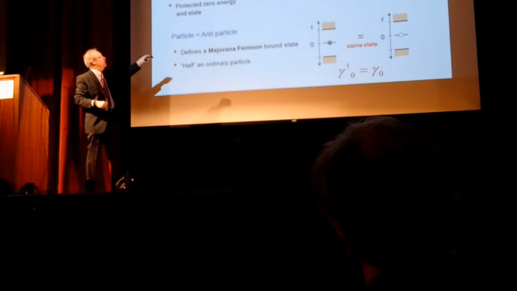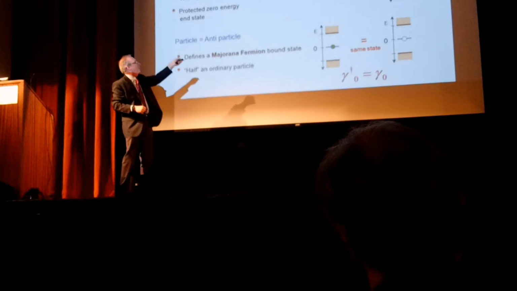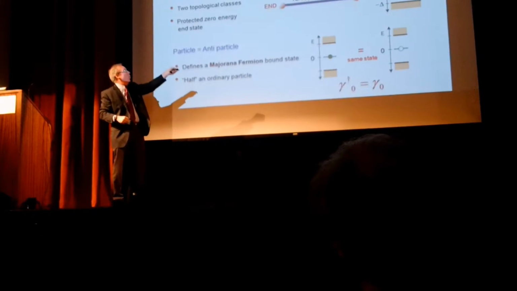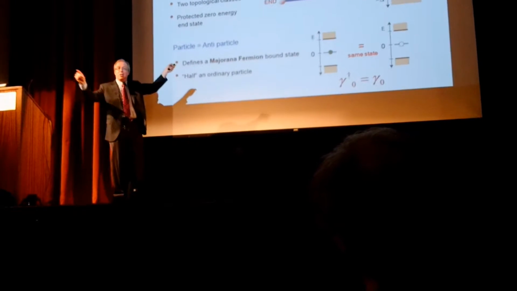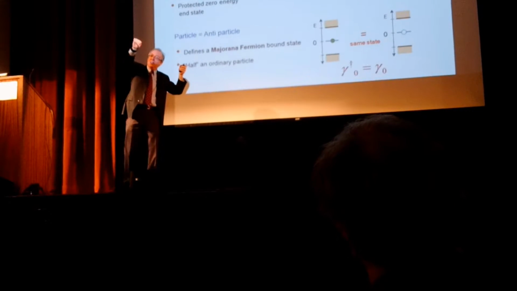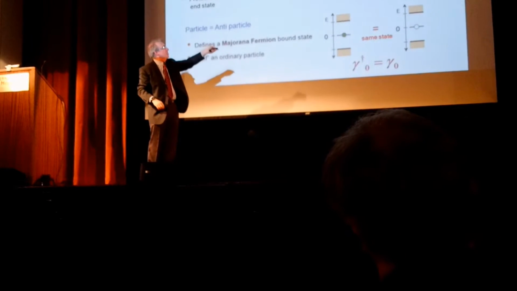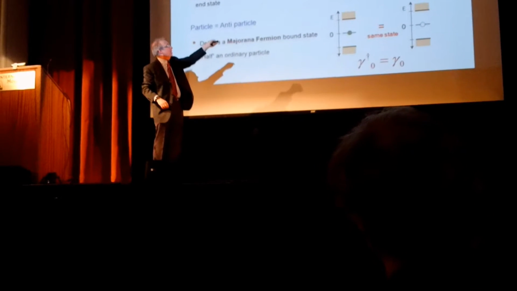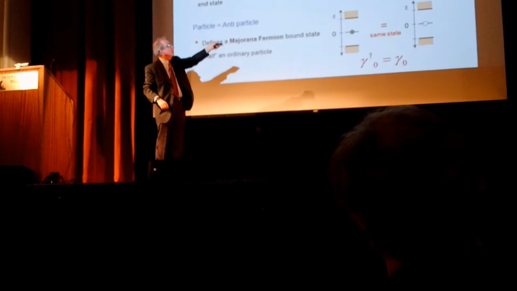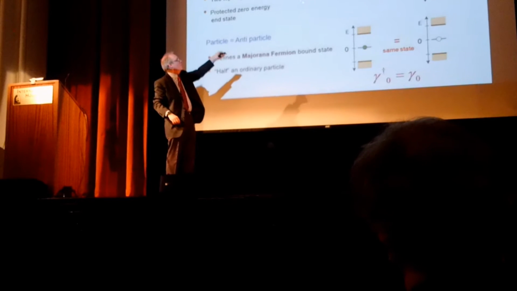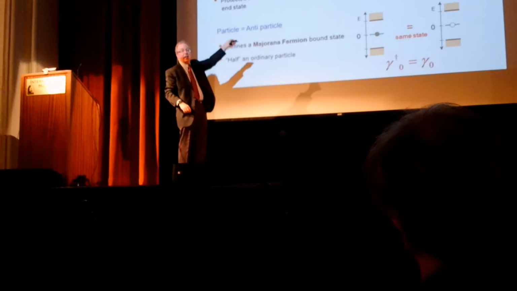The simplest version is a one-dimensional superconductor, like a wire. If it has a gap, then there aren't any states in the middle of the superconductor with energy in between this gap. But there could be states that are sort of stuck at the end.